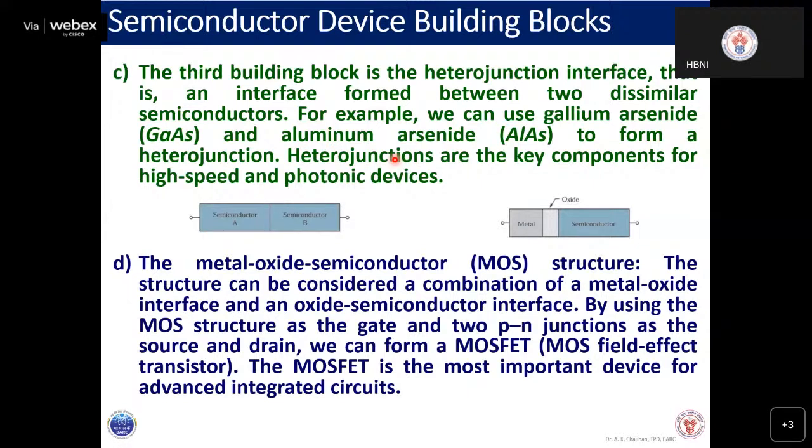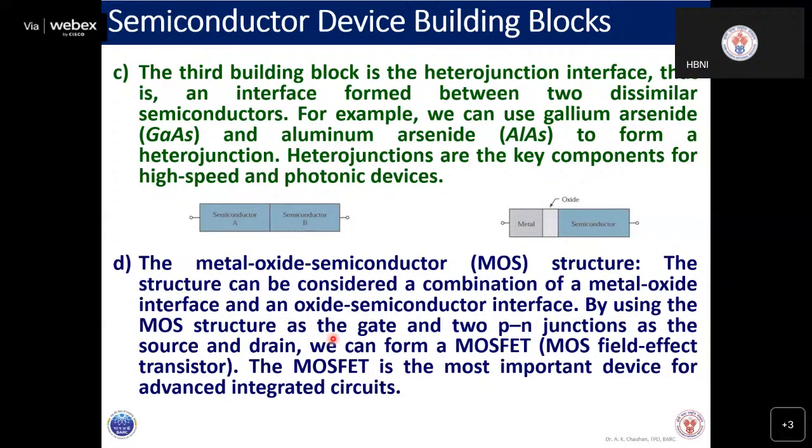Another important building block is the metal oxide semiconductor structure, in which you have a semiconductor and a metal, and in between those two, a very thin layer of oxide is added. So you have the MOS structure. This structure can be considered as a combination of a metal oxide interface and an oxide semiconductor interface.